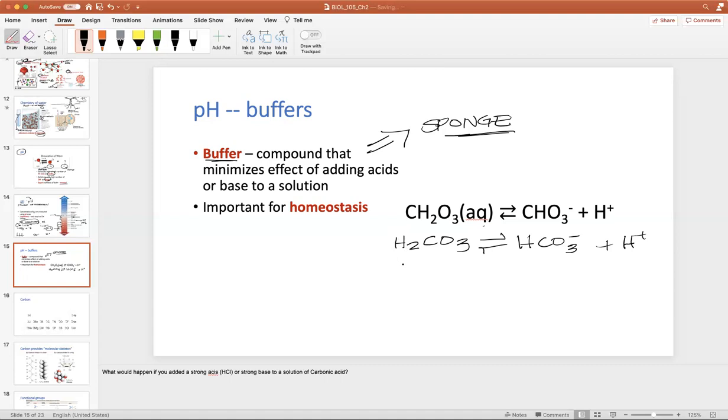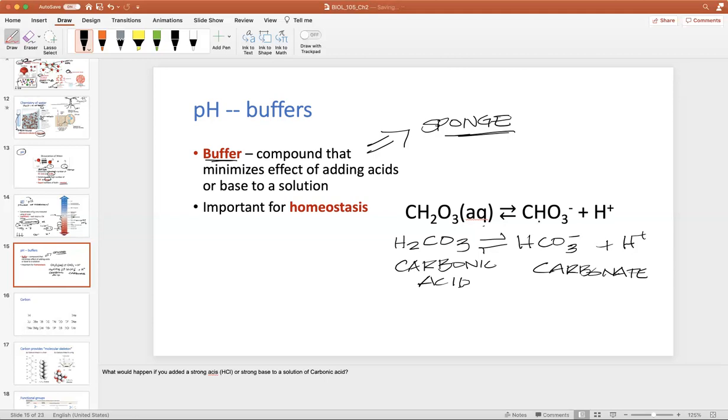So what is this? Well, this is called carbonic acid. And then this is called carbonate. And then of course, this is a hydrogen ion, which would be an acidic solution, right?